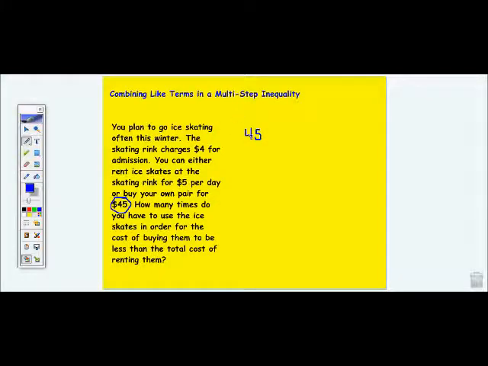This one is buying my skates. So I'd have to have skates to go ice skating, so $45. What else do I need to have to go ice skating? I need to pay the $4 admission. Now I don't know how many days I'm going to go, so I'm going to let my variable be a D for days.